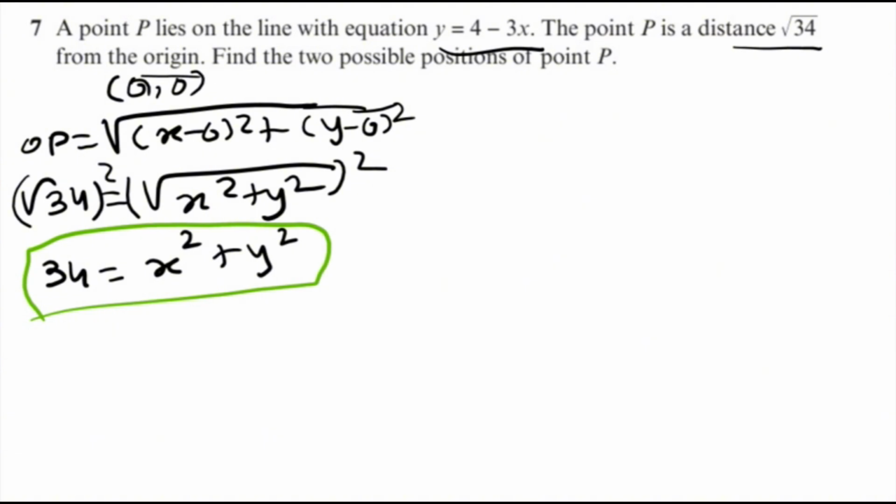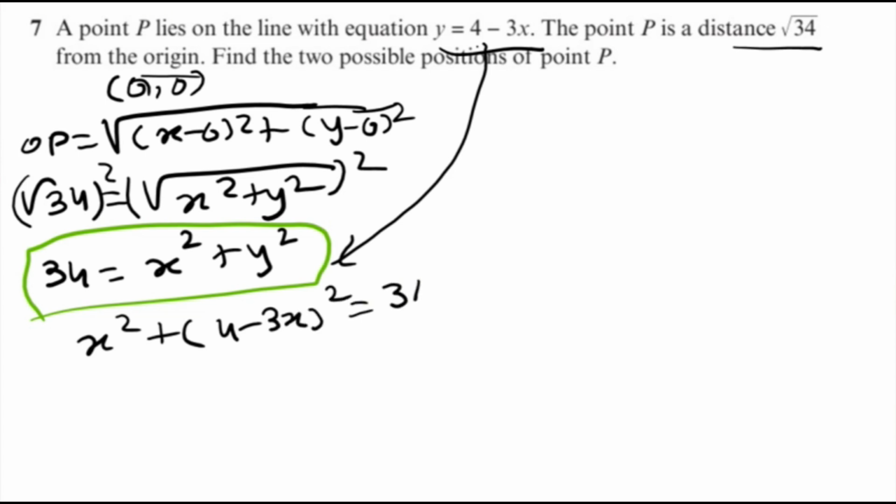Now this equation is a quadratic equation, so we can substitute the value of y here. So what I can do is x squared plus (4 minus 3x) whole squared is equal to 34. And I will try to simplify this equation, so I will get two values of x and then we can find the coordinates.